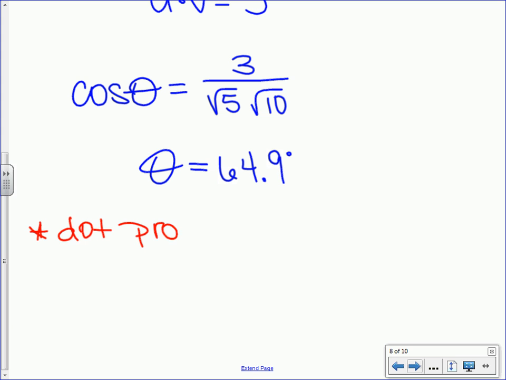What happens if our dot product is 0? Aren't they like the same? What's the inverse cosine of 0?